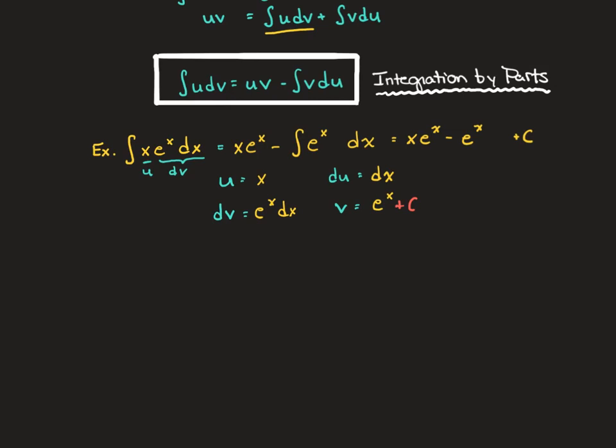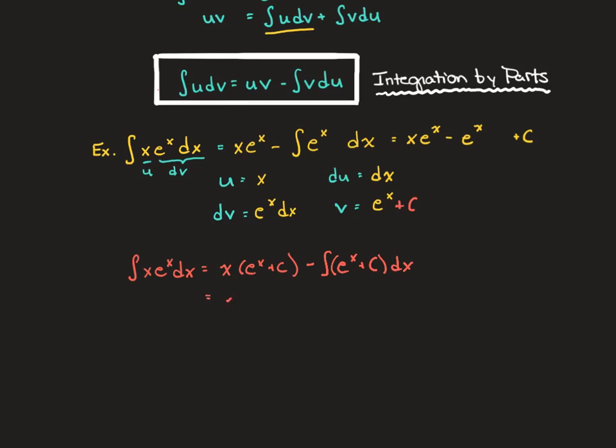If so, going back here, we would have said that the integral x e to the x dx is equal to x times e to the x plus c minus the integral of e to the x plus c dx. And let's see what happens.